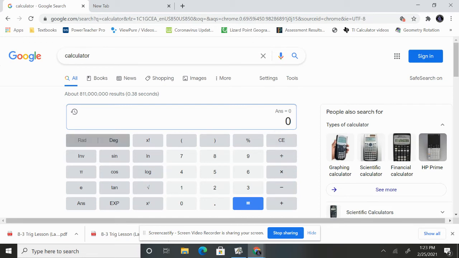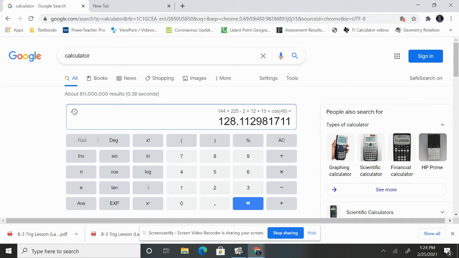You better make sure you turn the calculator to degree mode. Okay, so 12 squared, which is 144, plus 15 squared, which I know is 225, minus 2 times the 12 length times the other leg 15 times the cosine of 48 degrees.